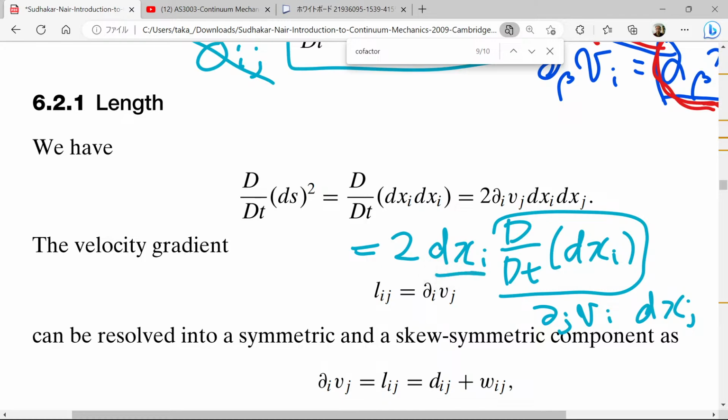So now you have dxi and dxj, but here it's changed. i and j is reversed. But I think it's okay. You can reverse i and j because i is for summation and j is also for summation. So you can change order.